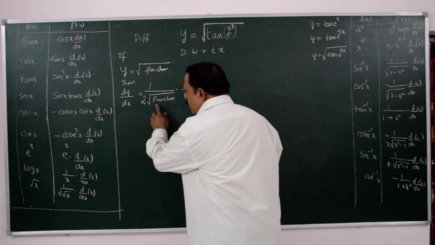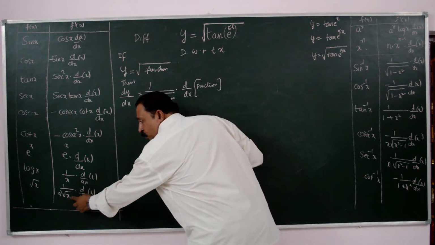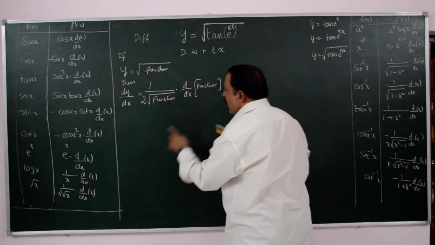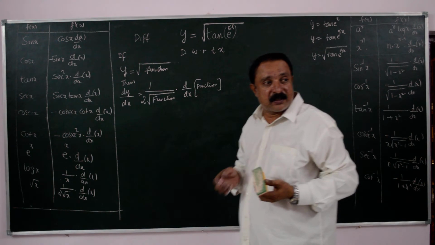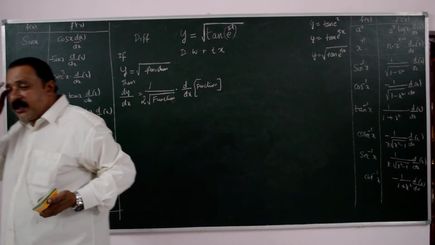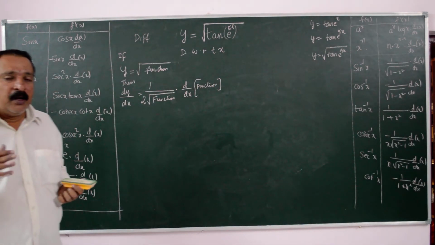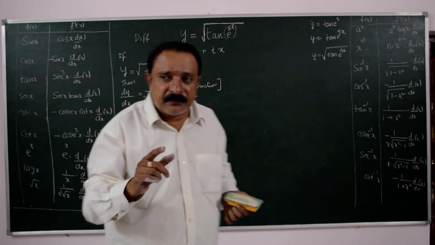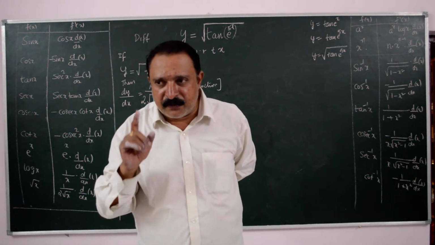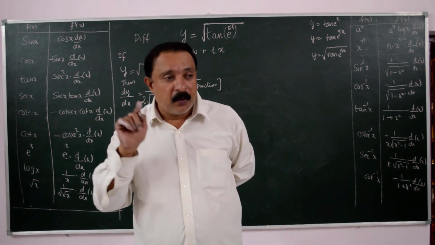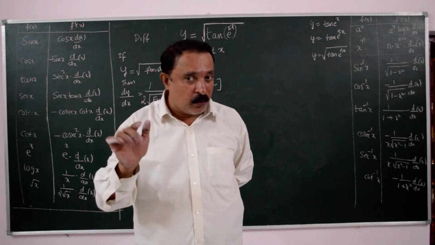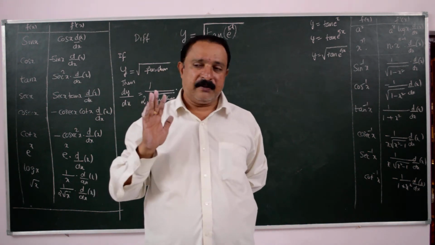See, root sign comes only here, root of function, and here there is no root sign, only function. You may notice that difference. So what is the general formula to remember to differentiate root of function? Differential coefficient of root of function is 1 by 2 into root of function into d by dx of function.